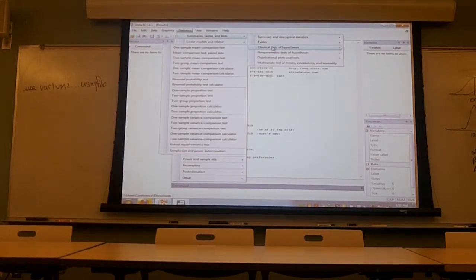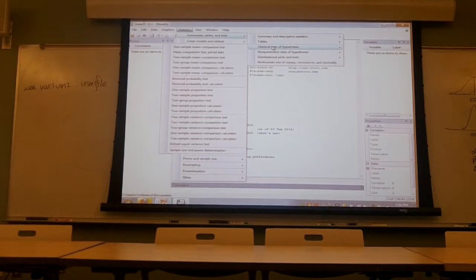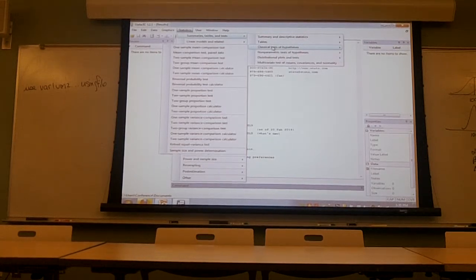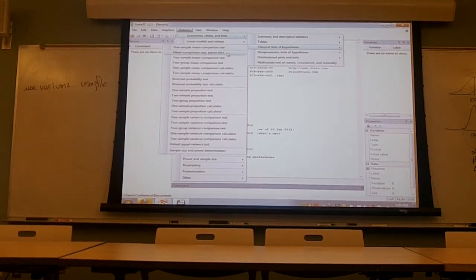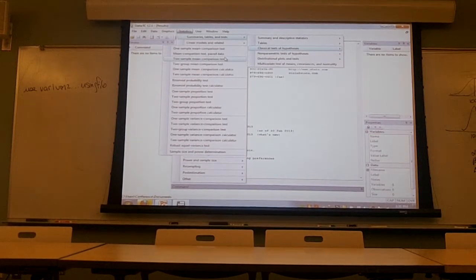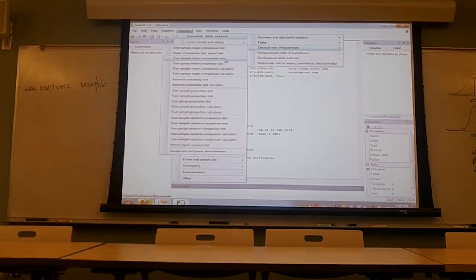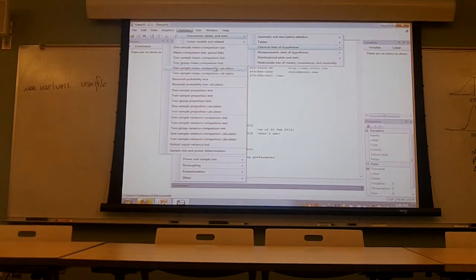Pick a number, any number. It's not wrong. 5. Okay, so let's plug it in. Let's see what happens. Okay, so I'm going to do a classical test of a hypothesis. I'm going to do a 2-sample, 2-group mean comparison test.